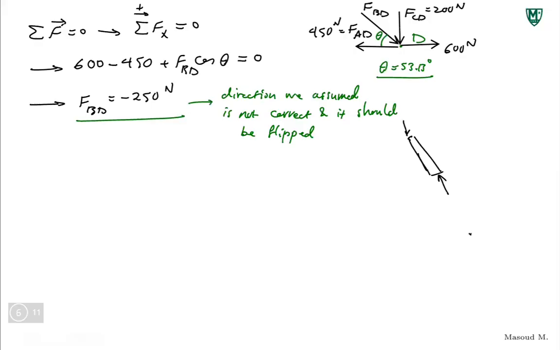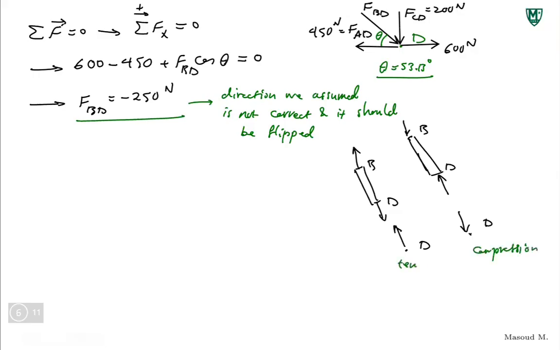So BD, if it's under compression, these are the force on the member. So the force on point or joint D should be in this direction. And this is BD. But what we end up having was this. We said, well, the direction should be flipped. So member BD is now under tension because the force is in this direction at point D. This is compression.